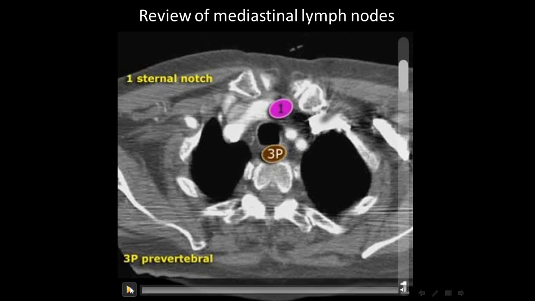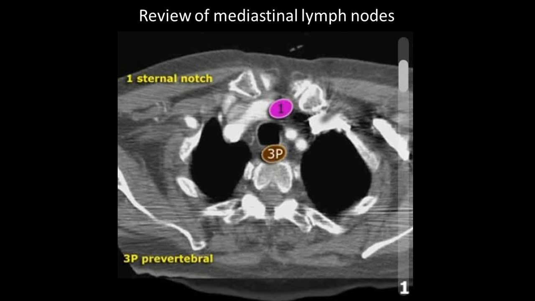So let's have a look at this illustration here. This is a series of axial CT images showing these annotations, highlighting the locations of each of these nodes. So one here is the supraclavicular, above the clavicle, above the sternum, right? Then here 3P is the prevertebral, right?